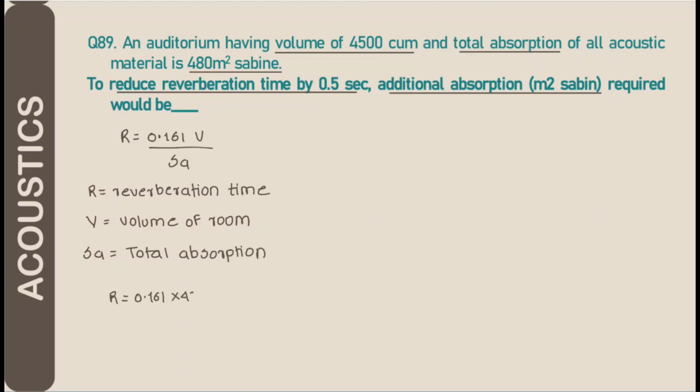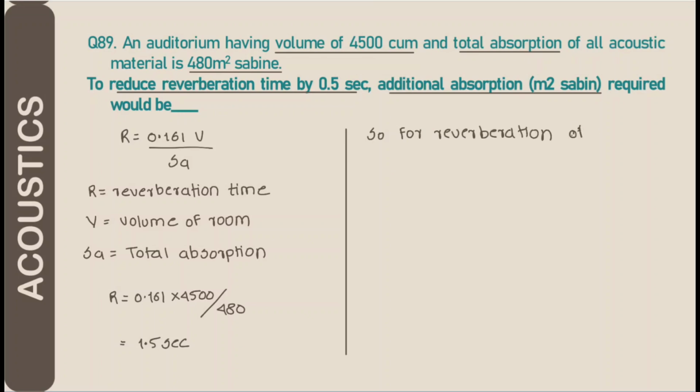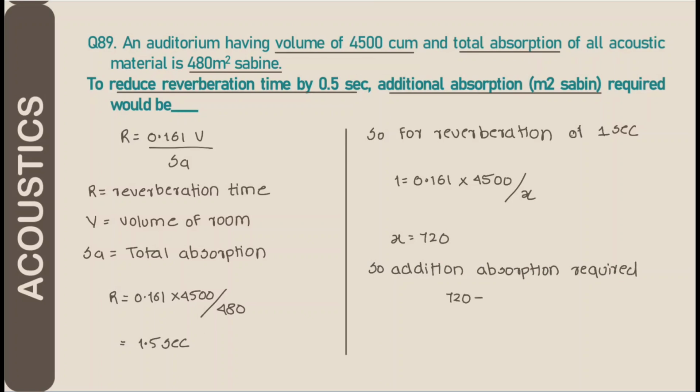So substituting all the values, we get that the reverberation time is 1.5 seconds, but we have to reduce this reverberation time by 0.5 seconds. So for the reverberation of 1 second, substituting all the values, we get SA is equal to 720. So the additional absorption required will be 720 minus the given absorption, that is 480, that is equal to 240 meter square sabine.